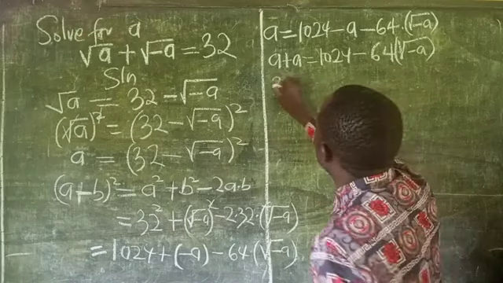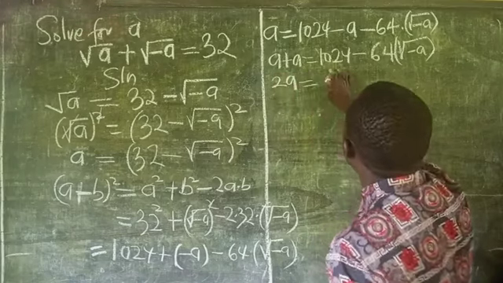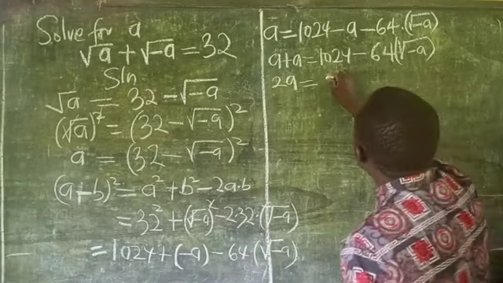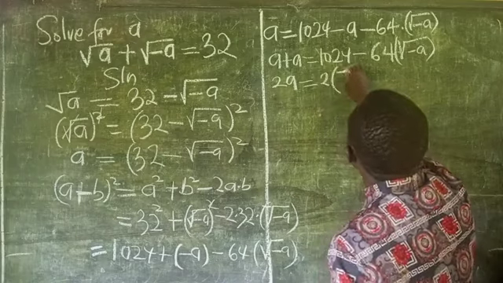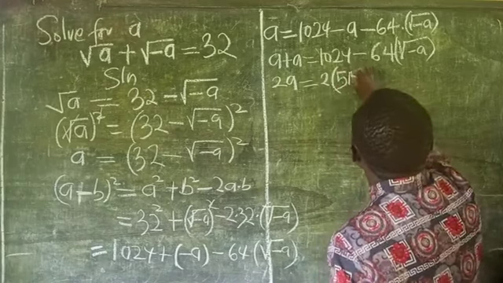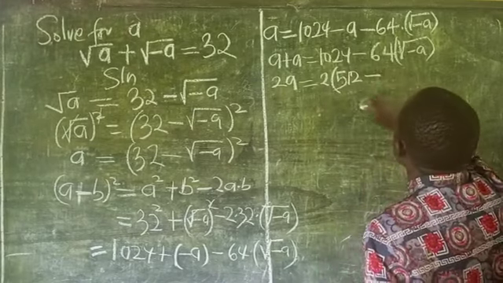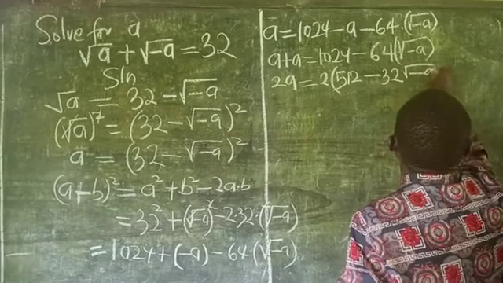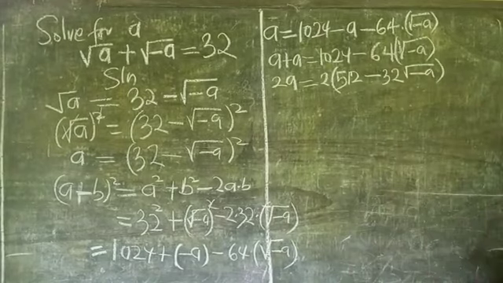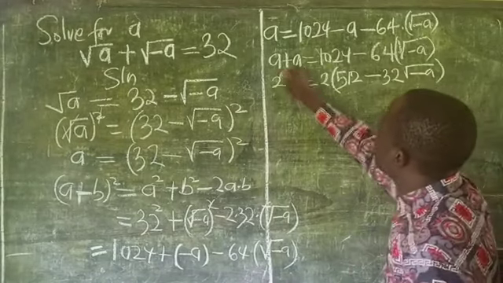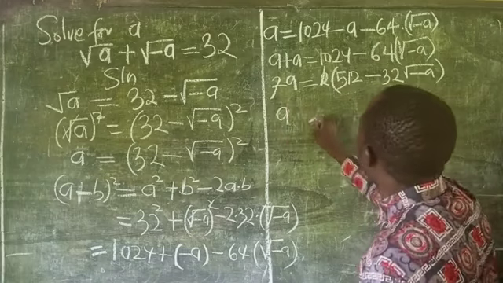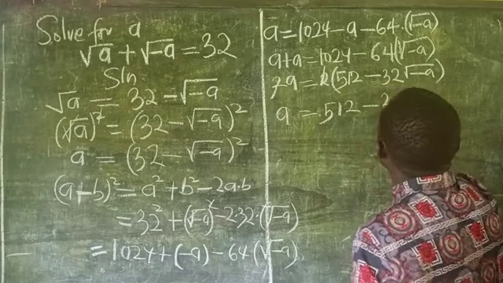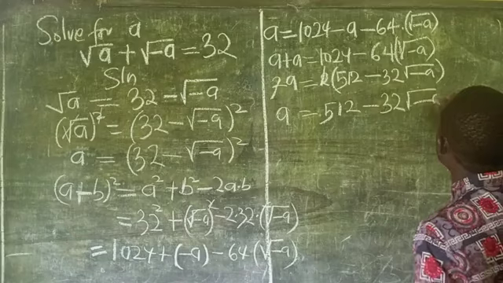So a plus a is 2a equal to, if I divide 1024 by 2, I'll be left with 512, minus, dividing this by 2, 32 square root of minus a. So I'm reducing it bit by bit, the 2 can cancel out to be left with a equal to 512 minus 32 square root of minus a.